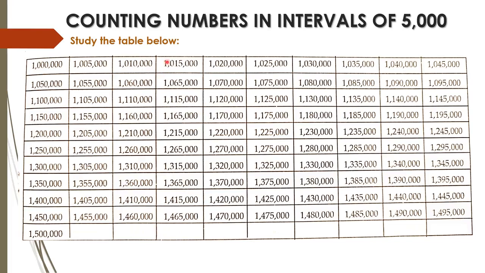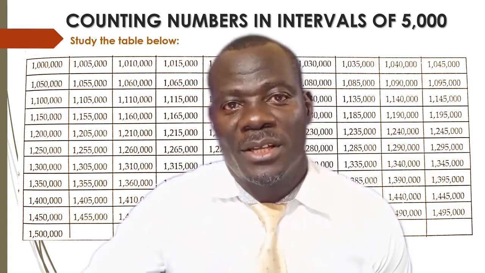The next one, 1,015,000. 1,020,000. 1,025,000. 1,030,000. 1,035,000. 1,040,000. 1,045,000.